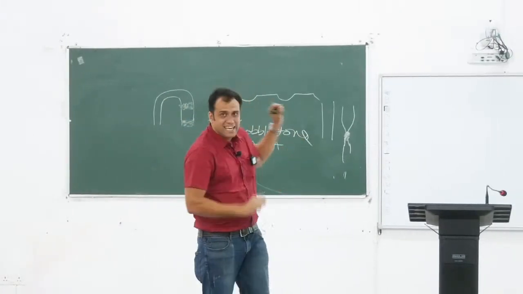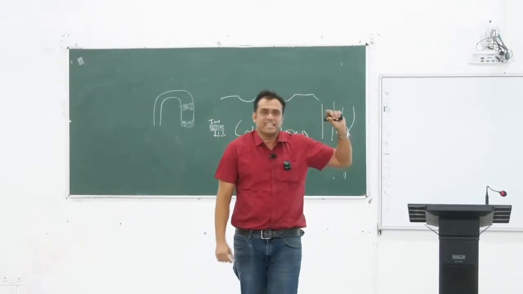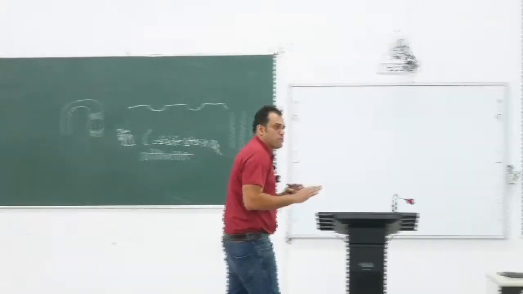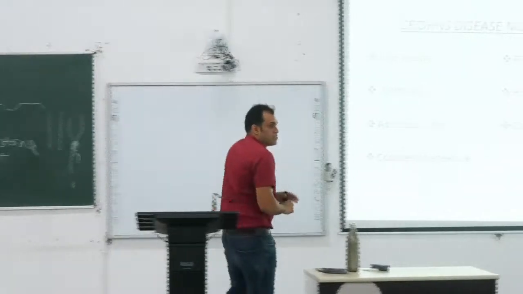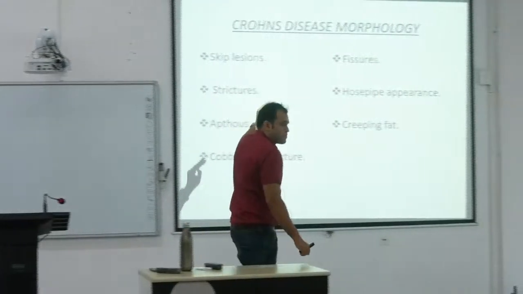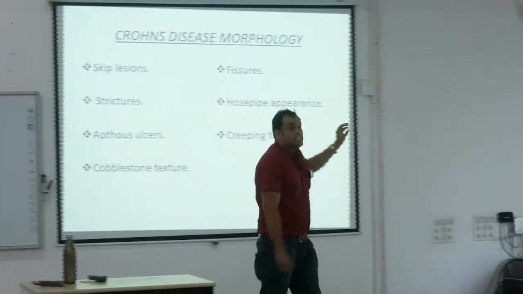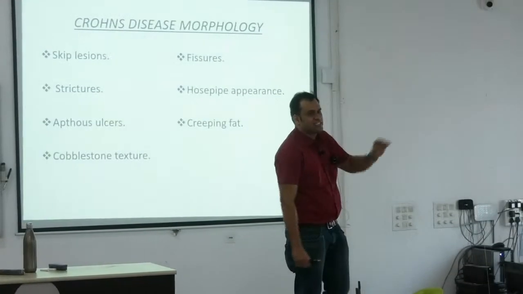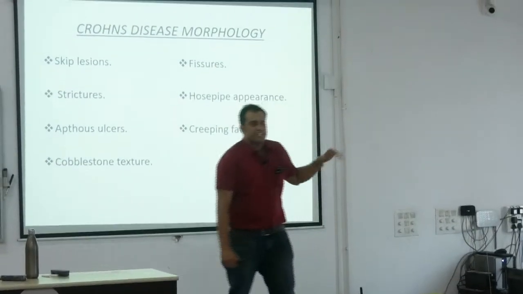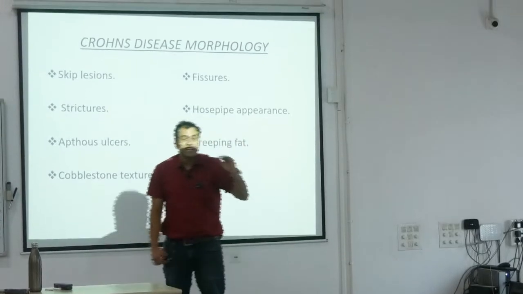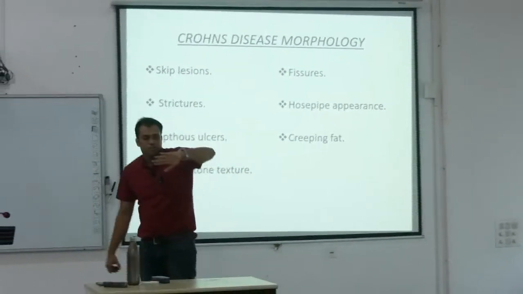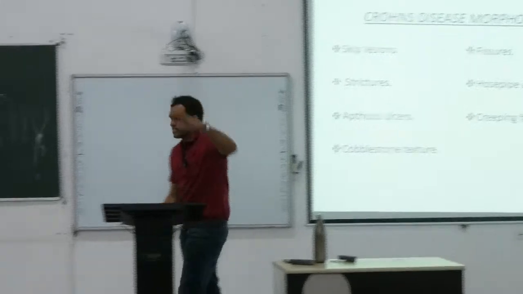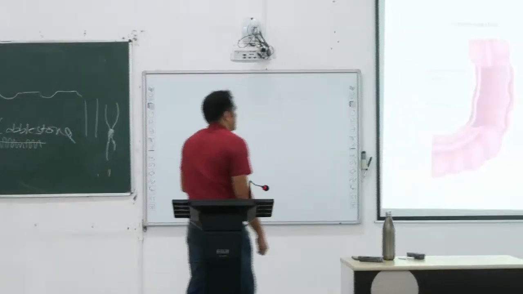Now I have not explained anything inside. If you know the heading and read the book, I think that will be sufficient for you to understand. Remember aphthous ulcer, skip lesions, cobblestone appearance, strictures, hosepipe, fissures, etc. Again, creeping fat: in case of extensive transmural disease, the mesenteric fat creeps over the serosal surface. Now this diagram may be tough.